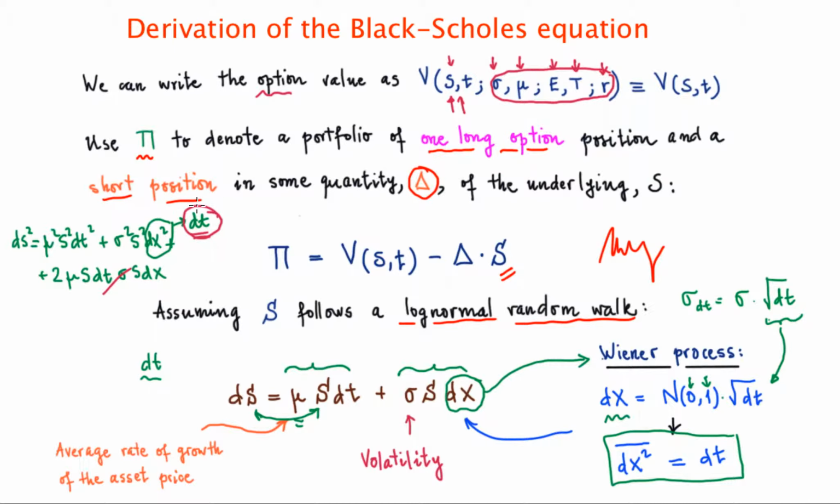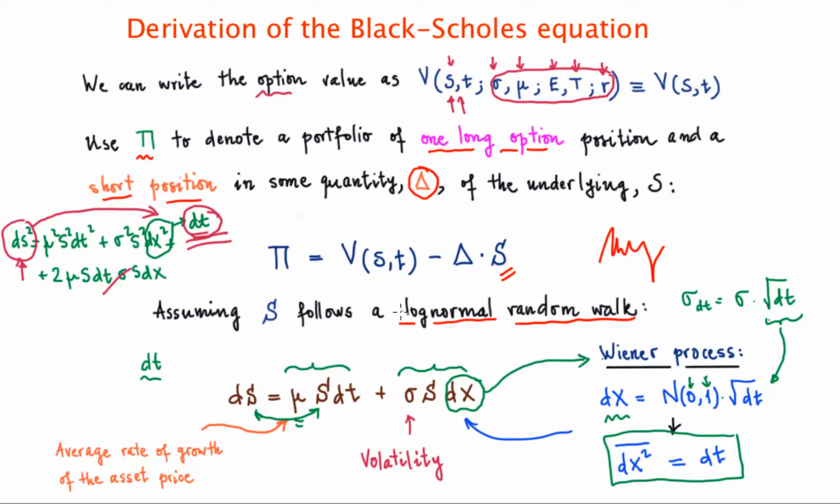And that's going to be important because in the following we'll analyze the change in this portfolio, and we'll just keep the linear contributions. But even though we'll keep the linear contributions, we'll need to go up to second order in s, because of the stochastic process that s is following, we'll have a linear contribution in dt.